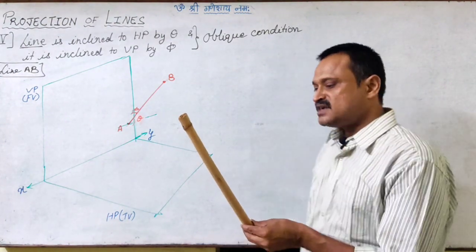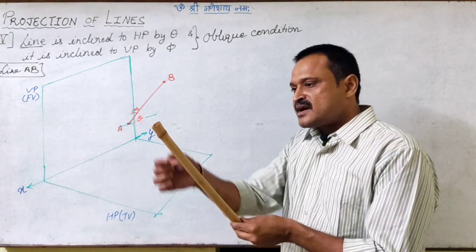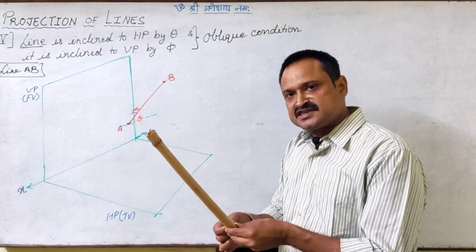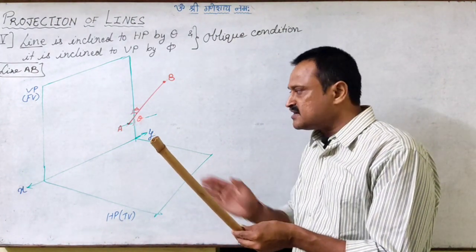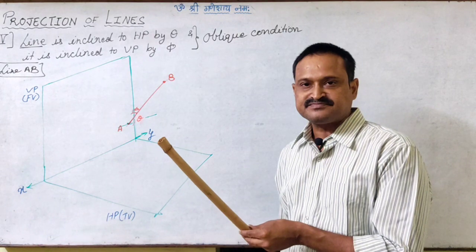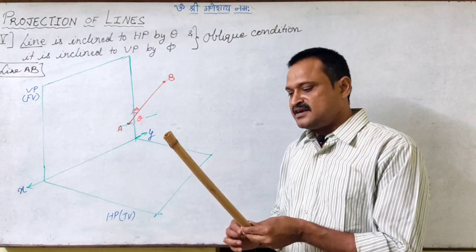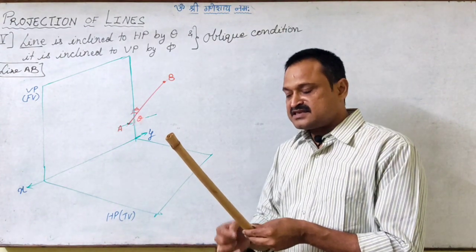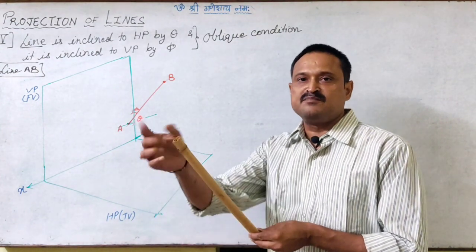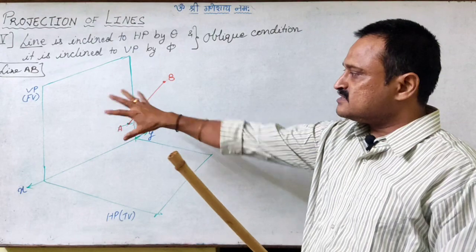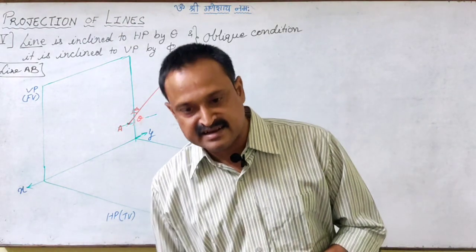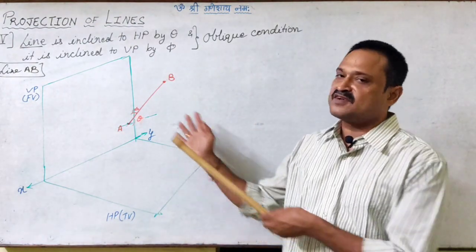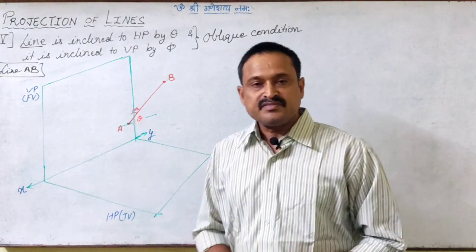If you see in this condition, every point on this line is at a different distance from VP, right? Similarly, every point on this line is at a different height from HP. So obviously the two images we will get will also reflect the same relation.